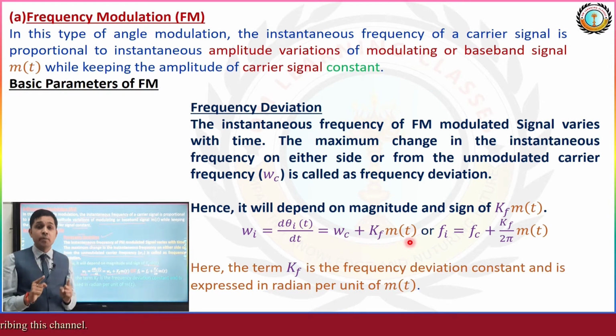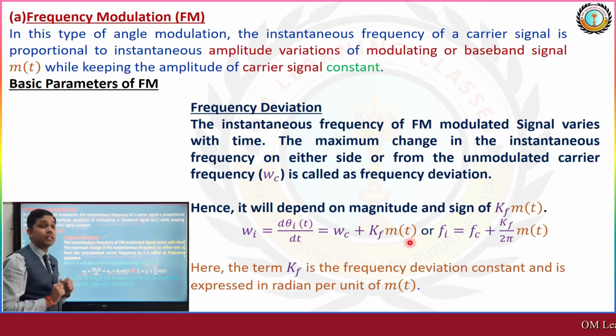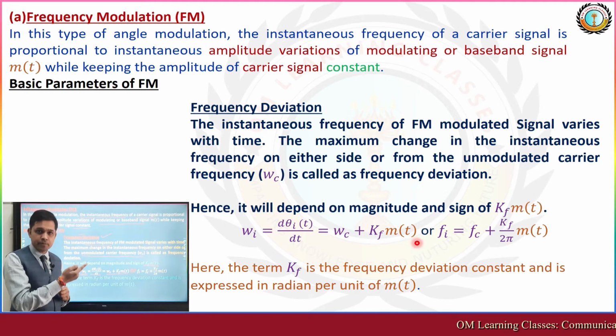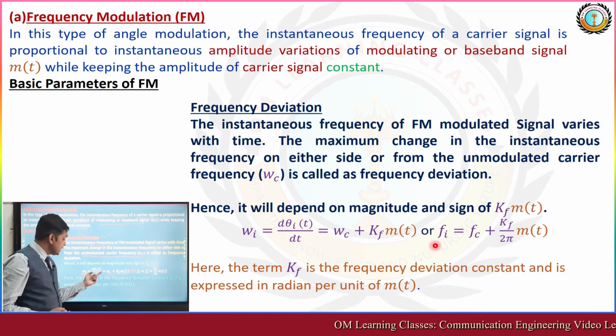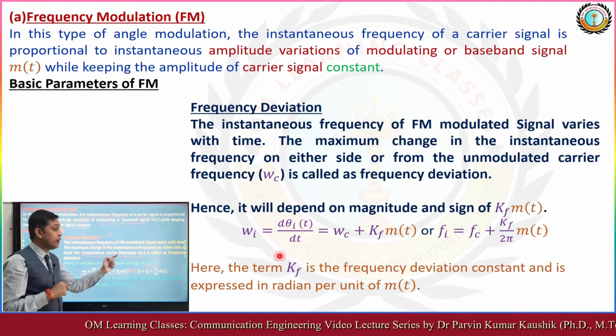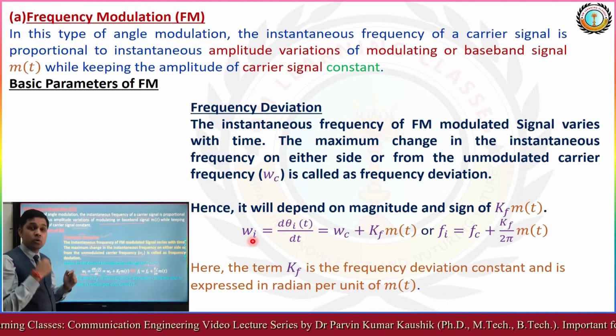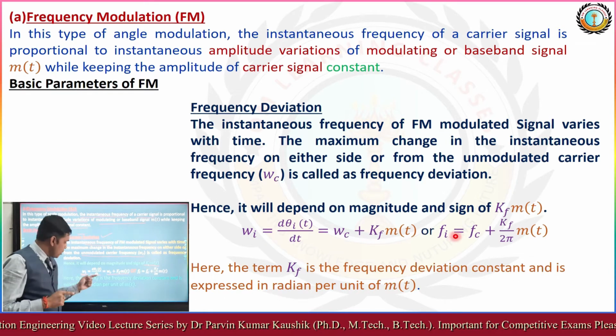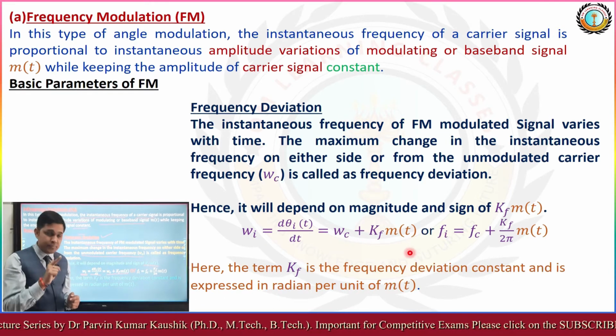If we want to convert this from angular frequency to frequency, then omega i is equal to 2 pi fi and omega c is equal to 2 pi fc.